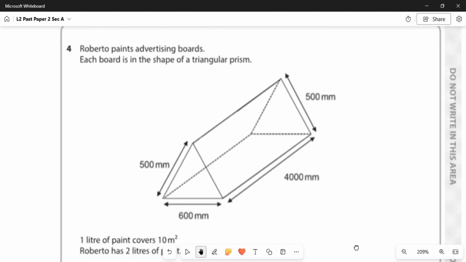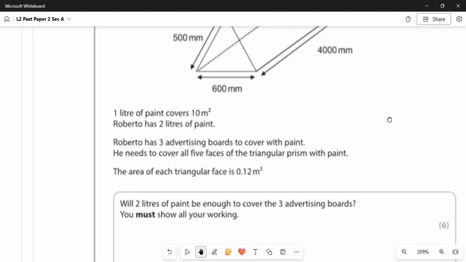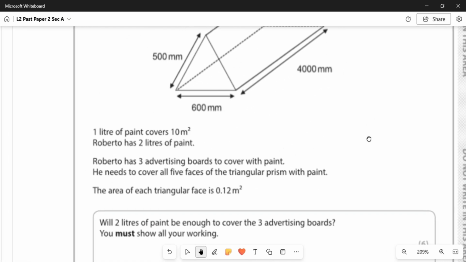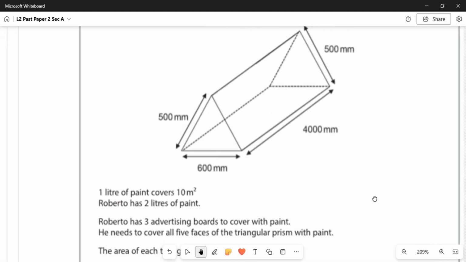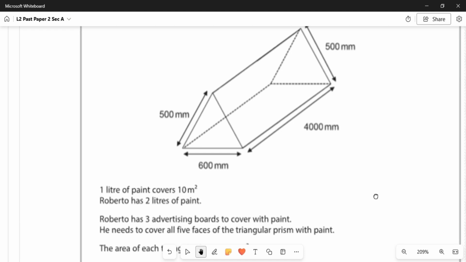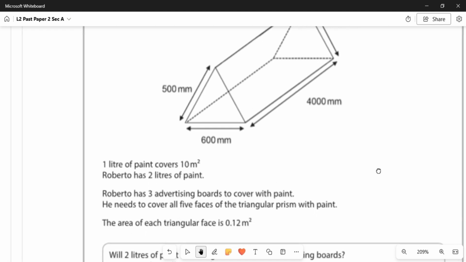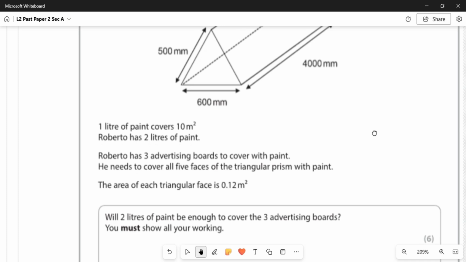So, first thing you should ask yourself when you get a shape question, is it to do with area or, in this case, because it's a 3D shape, surface area or volume? And hopefully you've realized it's to do with, I mean, the clue's right there. It says area in the question. So definitely to do with surface area.